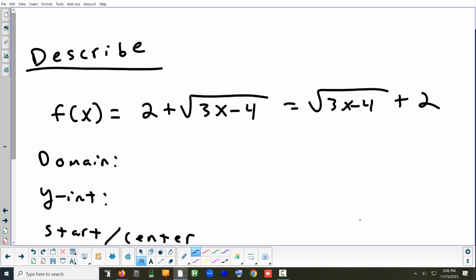Now when we take a square root, we can only take a square root of what kind of numbers? Positive numbers, or 0. So that means we need to make sure that 3x minus 4 is always 0 or higher. What symbol would mean a number or higher?